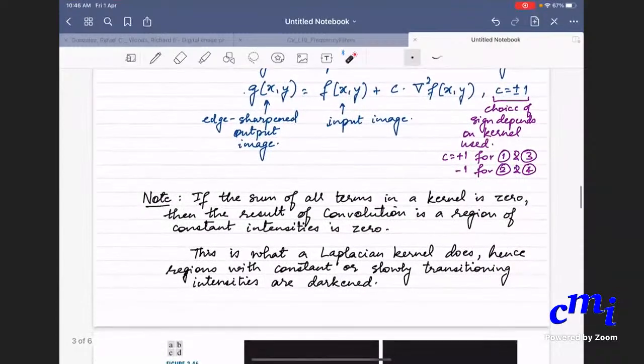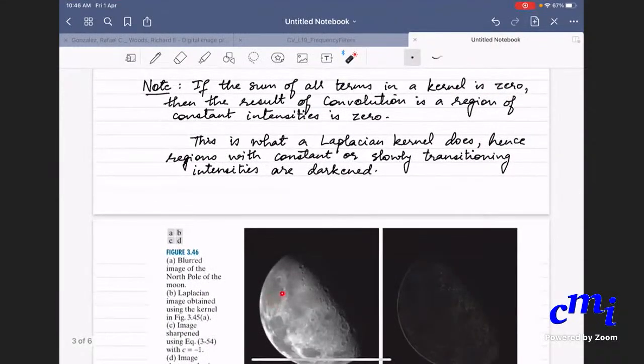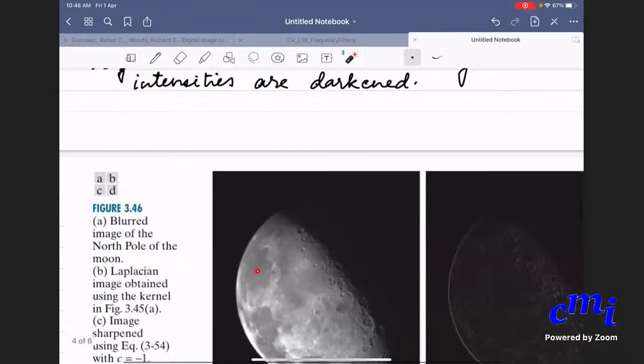If you have an area where the intensities are the same, and you are applying this mask over a certain pixel, then since all intensities over that window are the same, and the kernel's sum is 0, you will end up with a 0 at that spot.